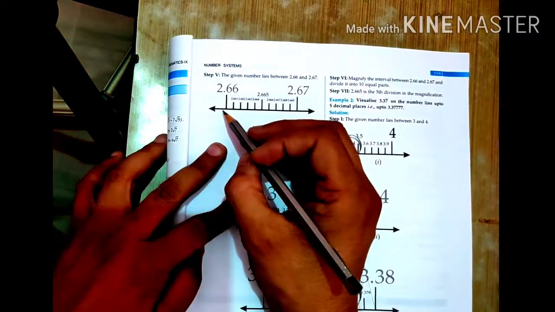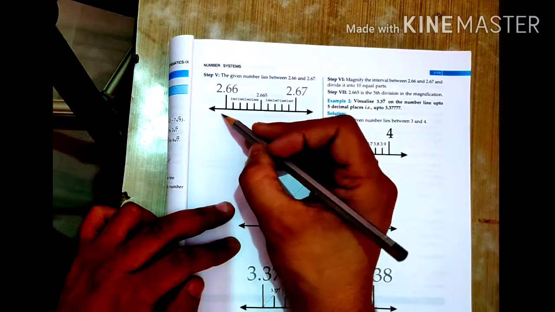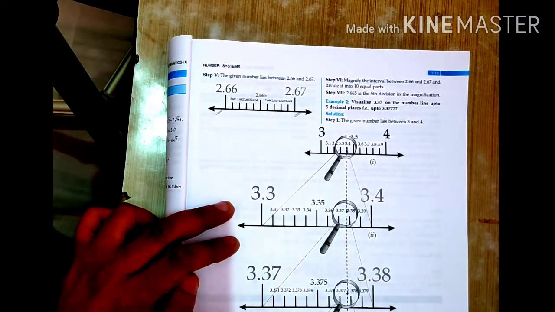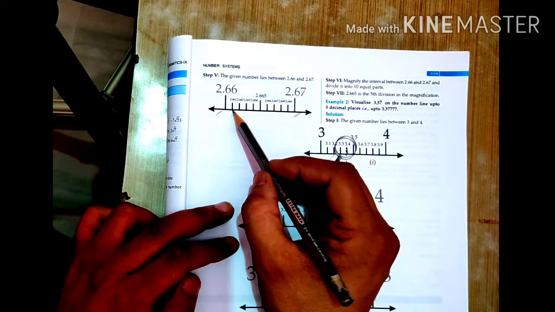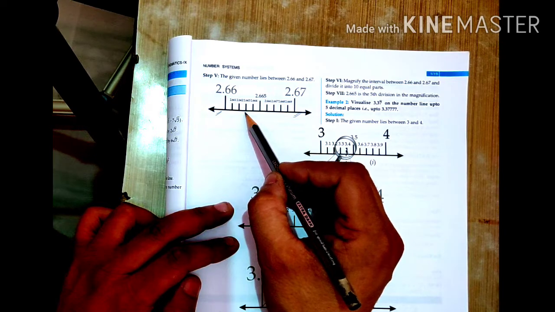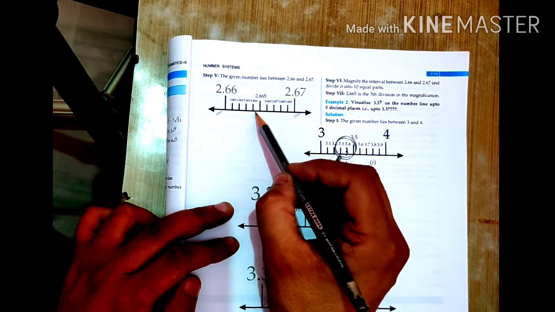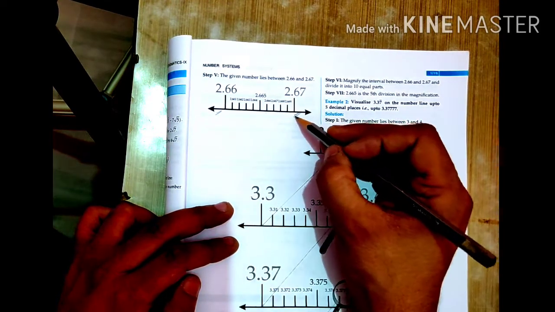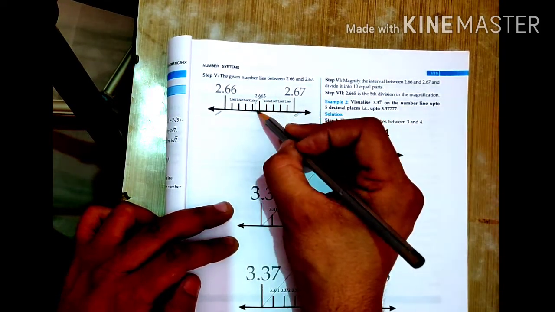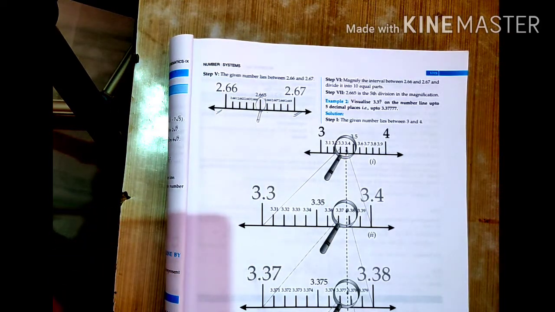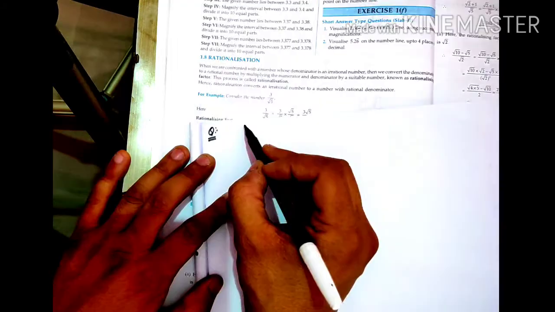Now in the next step we will make 10 equal parts between 2.66 and 2.67: 2.661, 2.662, 2.663, 2.664, then 2.665, and so on up to 2.67, and this is the point of 2.665. Let's take one more question.